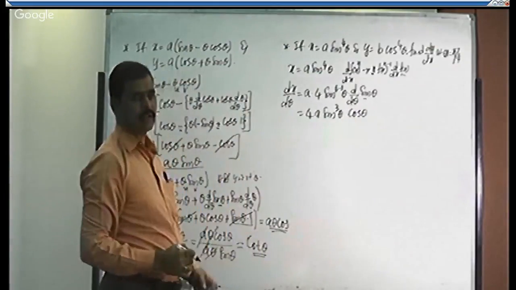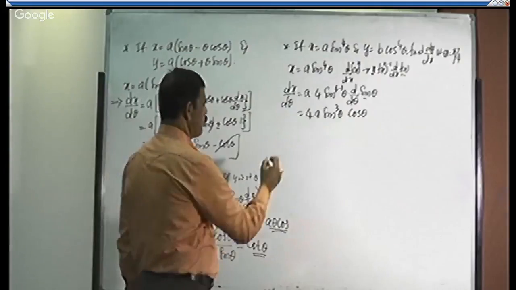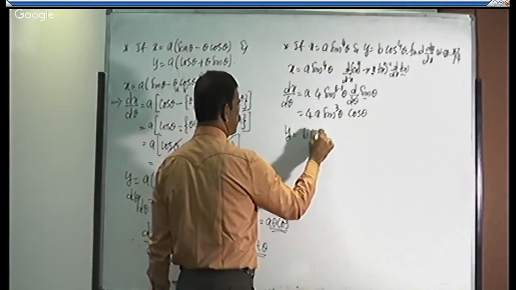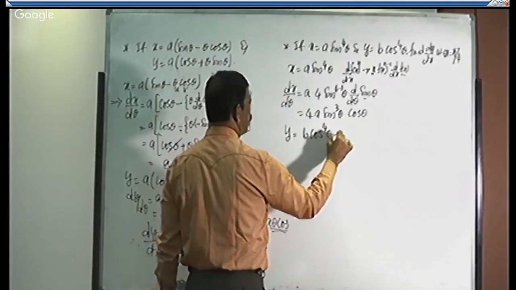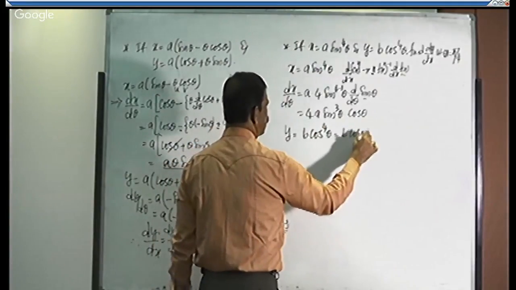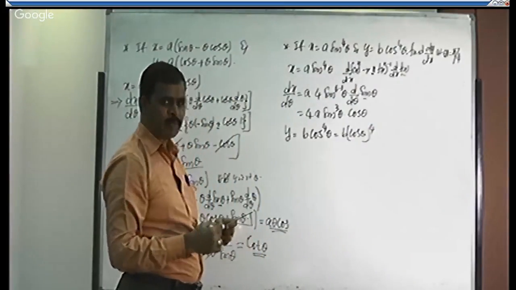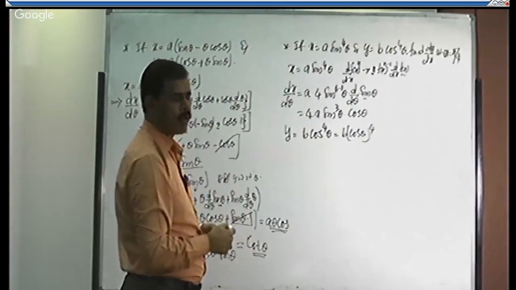We got the x derivative. Find out the derivative of y. What is y? b into cos to the power of 4 theta. It is nothing but cos to the power of 4 theta, which means what? It is whole to the power of 4.